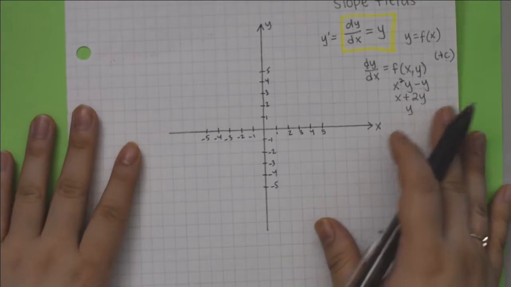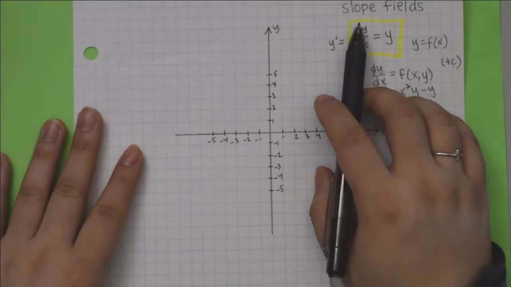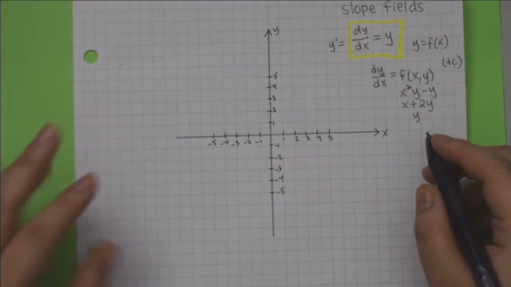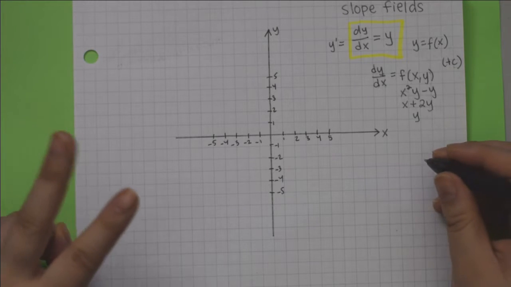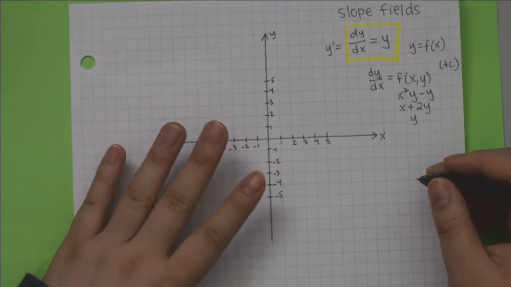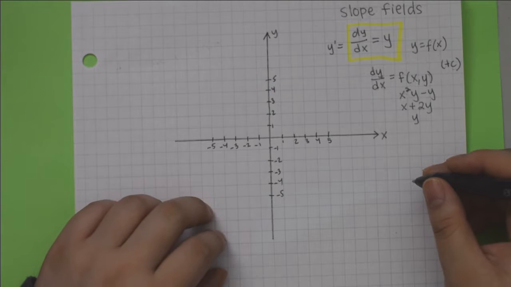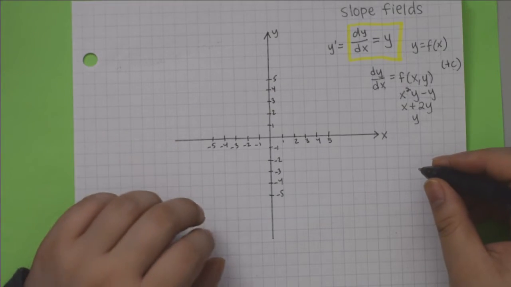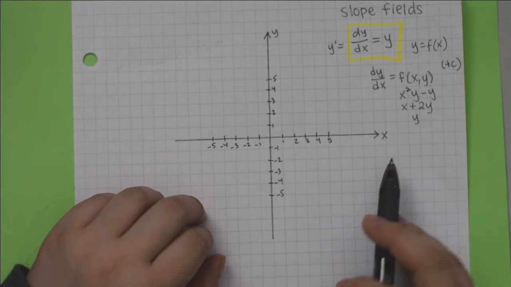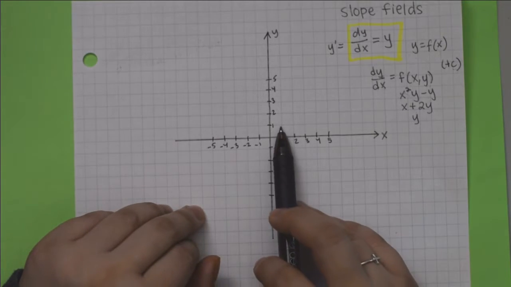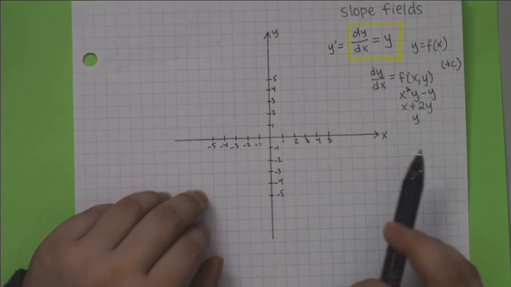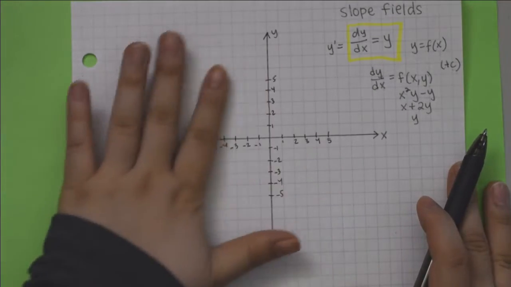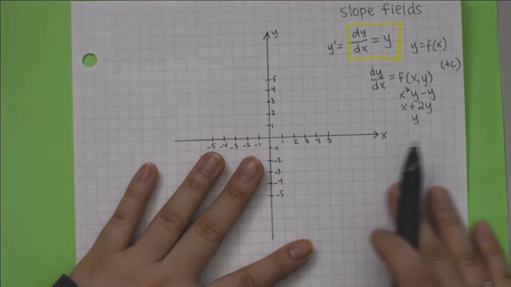So, before we start drawing out our slope field for this equation, there are two concepts that we rely on heavily when we do this. It's kind of a combination of algebra and calculus. First of all, what we're going to do is take a bunch of points on this xy plane that I already started, right here are axes.